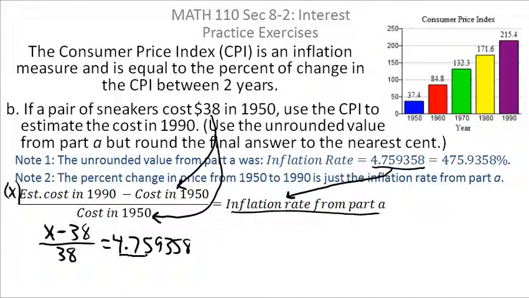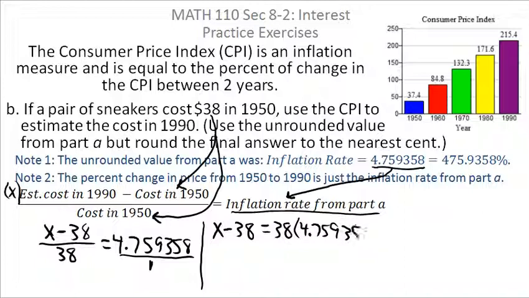So we want to solve for X. That might look a little hard, but really it's not. If you think of that as a fraction, you can cross multiply, and I'll move over here to give myself more room. X minus 38 times 1 is just X minus 38, equal to 38 times 4.75, and remember, you're using the unrounded inflation rate from part A. Now I want to multiply the right hand side.